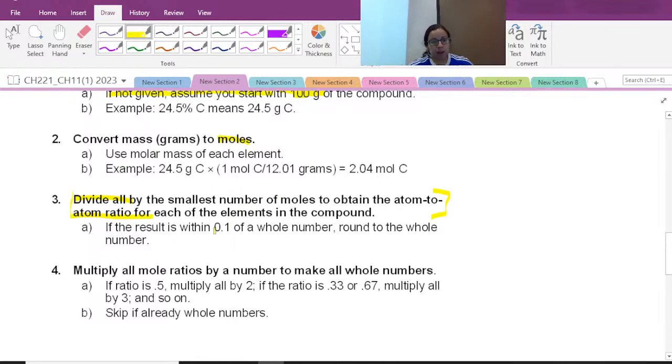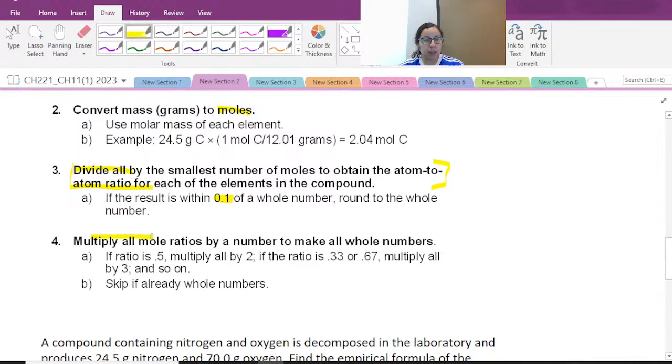If we have a result within 0.1 of a whole number, then we just round. Otherwise, we have to play with our numbers and multiply by some number to make it a whole number. So if we have a 0.5 ratio, try to multiply by 2. If we have 0.33, try to multiply by 3, and so on until you have a nice whole number.